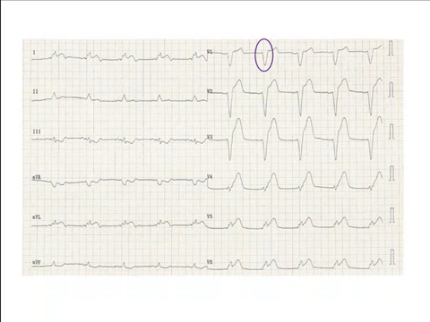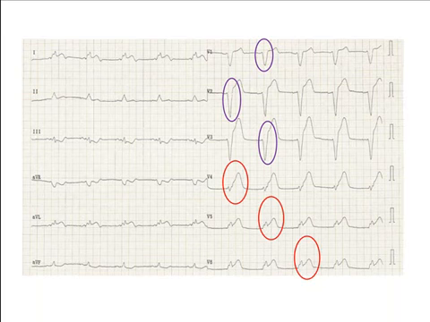Now, taking the Sgarbossa criteria into account, you notice that there is discordance associated with the ST in leads V1, V2, and V3. However, you now find concordant complexes in the anterior and lateral leads V4, V5, V6, and also in lead 1. This would now be a STEMI activation into the cath lab.